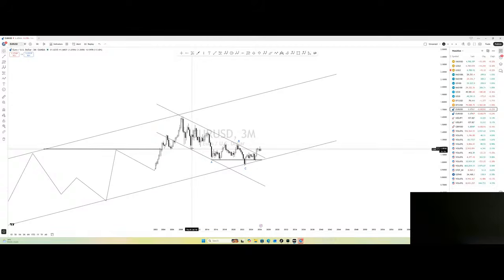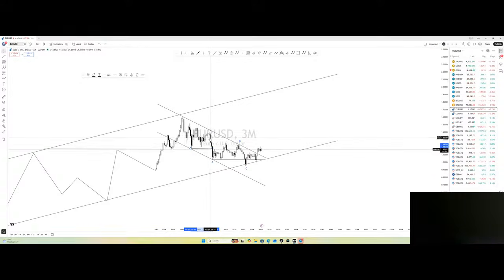So we are at the break of market structure here. For the beginners, you can do this, guys. Forex has been highly complex, but you can figure it out.